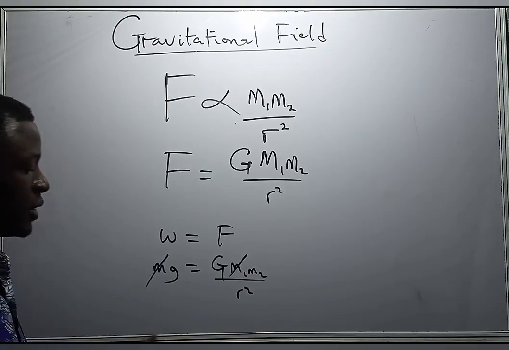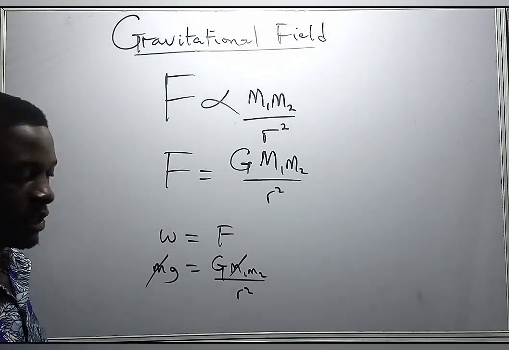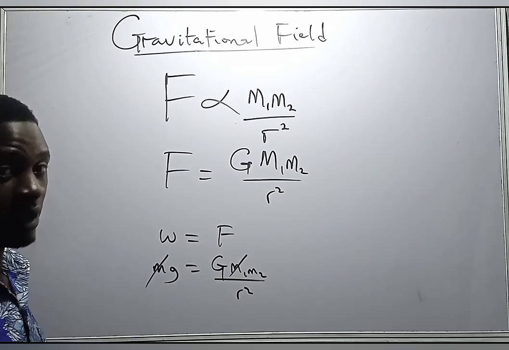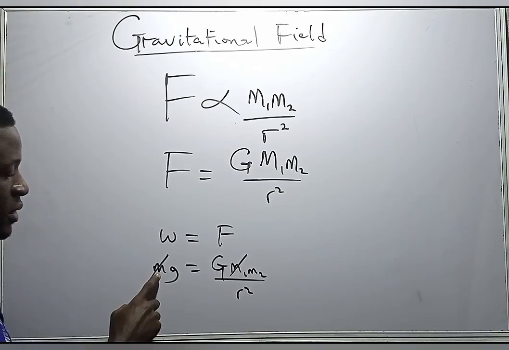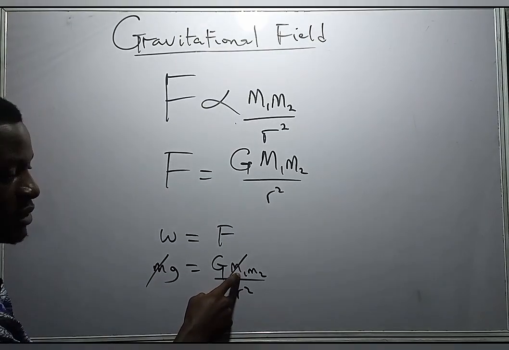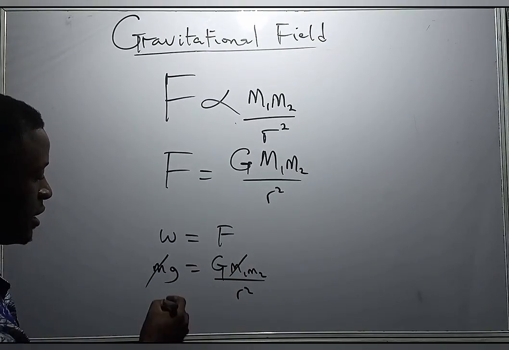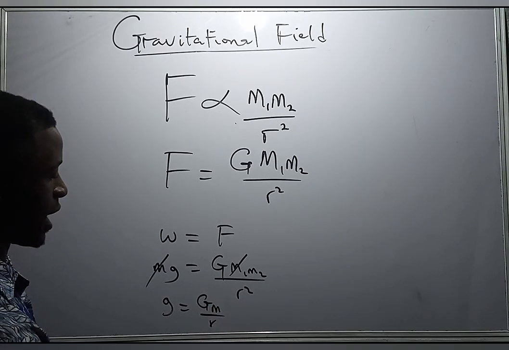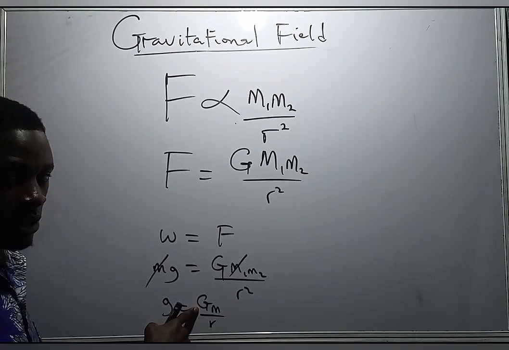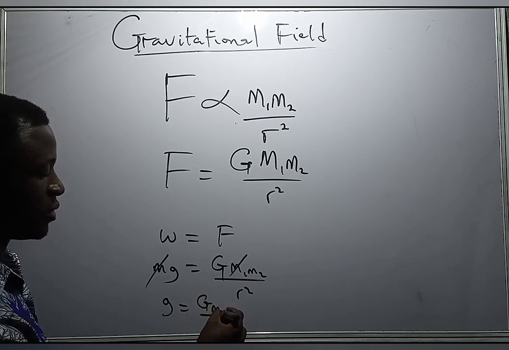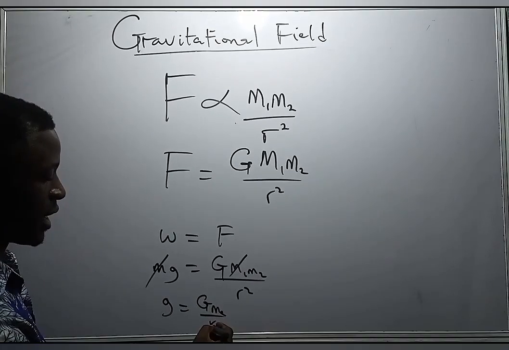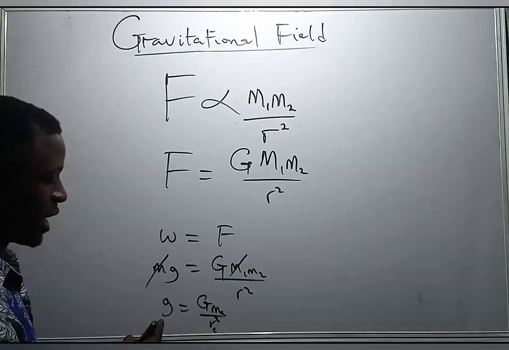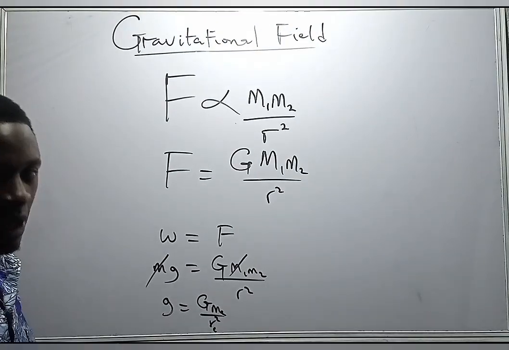Meaning that the weight of an object is the force of gravity pulling it down. So I can cancel it out and say g is equal to GM over R squared, where G is the gravitational constant, M is the mass of the Earth, and R is the radius of the Earth, and g is gravitational acceleration.